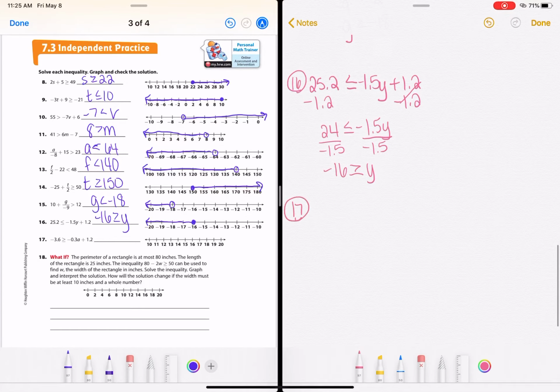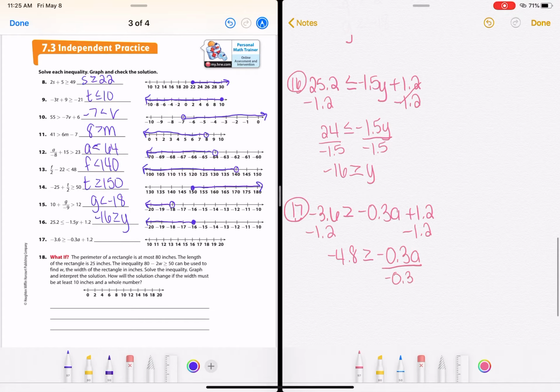And number 17, we have negative 3.6 is greater than or equal to negative 0.3a plus 1.2. Subtract 1.2 from both sides. So negative 3.6 minus 1.2 is negative 4.8. Divide both sides by negative 0.3.